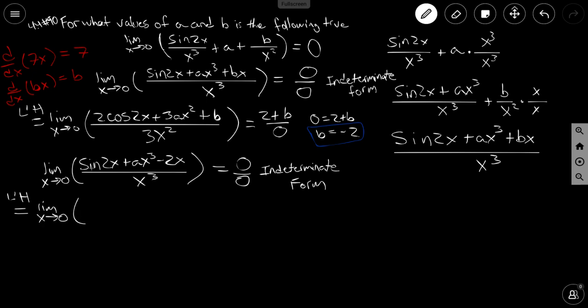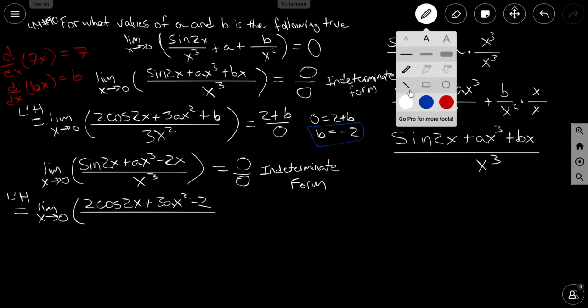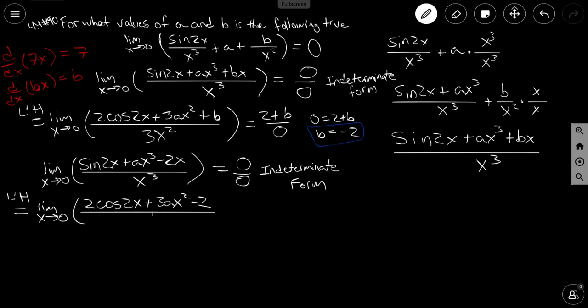So again, I'm just going to find the derivative of the numerator and the denominator. Then I'm going to plug in 0 and see if I can get another indeterminate form.